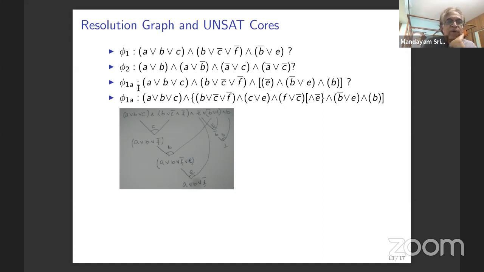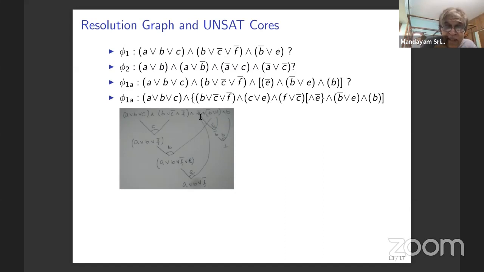So this phi 1a is not satisfiable, and here is a resolution graph showing that. There are subsets of these formulas, some of which are satisfiable and some of which are not, and the proof actually reveals that.